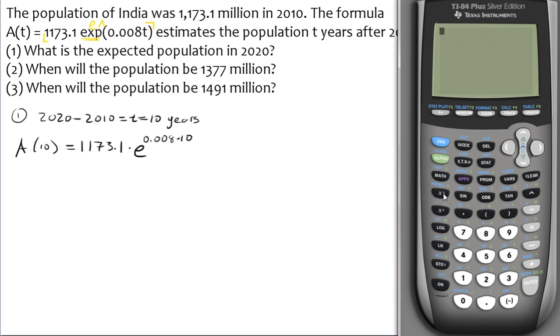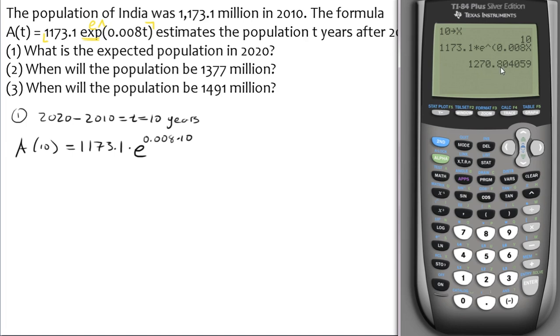So let's see here. We'll do 10. I'm going to store that as x in case I need to do more calculations, and I'll do 1173.1 times the exponential function 0.008x, and I get 1,270.8.